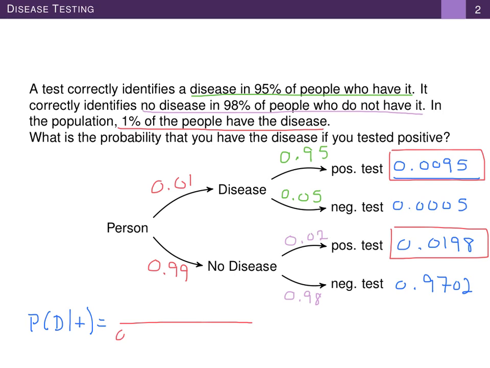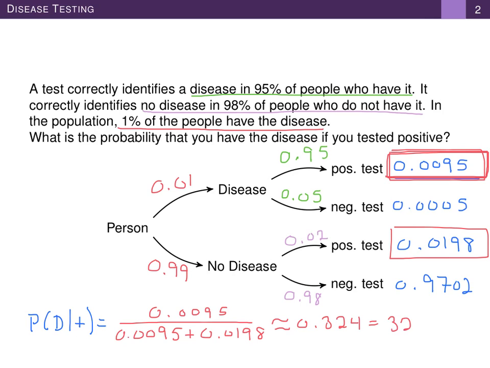That is 0.0095, or I'm in the group 0.0198, and actually having the disease and being in that group is 0.0095. And lo and behold, this comes out to be approximately 0.324, which is 32.4%. Same exact answer we found last time.